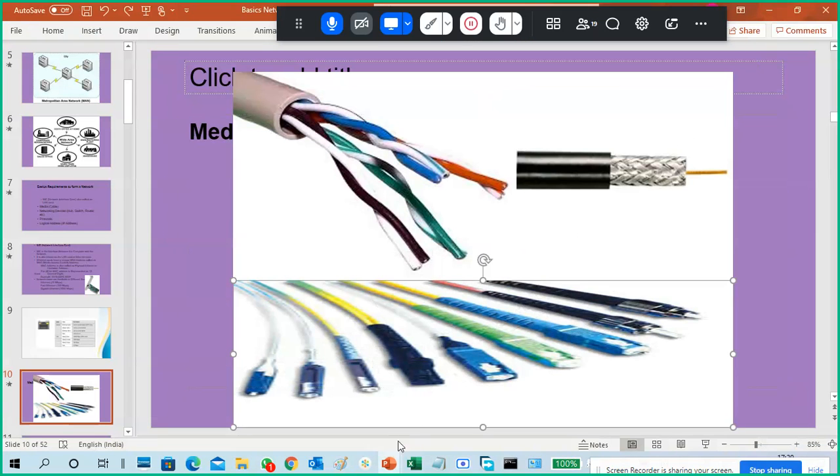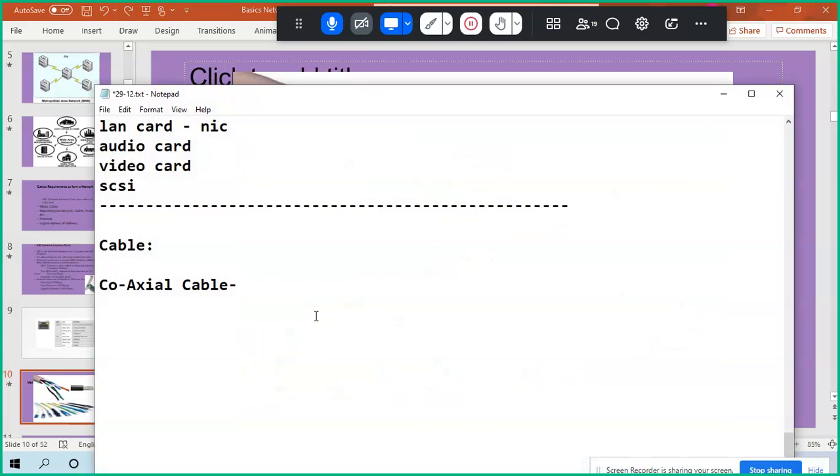Okay, the next type of cable is the UTP cable. This is the twisted pair cable. Twisted pair cables are of two types, UTP and STP. Either you use a UTP cable or an STP cable. UTP means unshielded twisted pair.